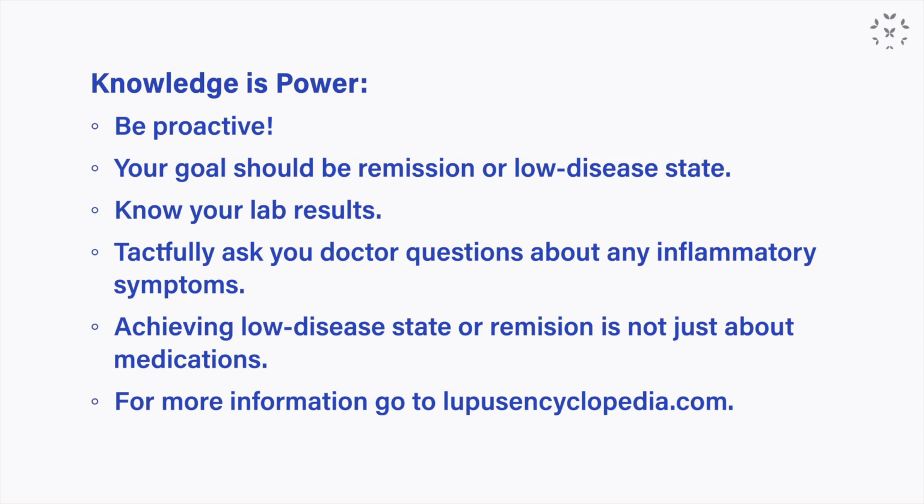The other thing, lupus is not just about taking medications. There's a lot of other things that you need to do to help your lupus get under better control. I put a list of these do's and don'ts in a list called the Lupus Secrets. Just go to my website, lupusencyclopedia.com, click on Lupus Secrets at the very top.